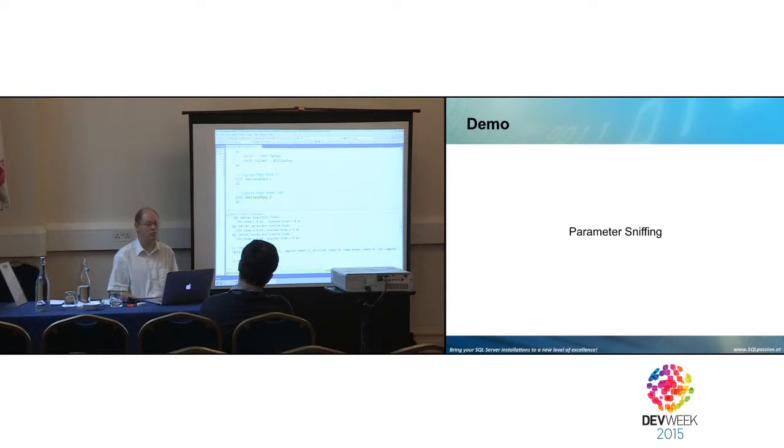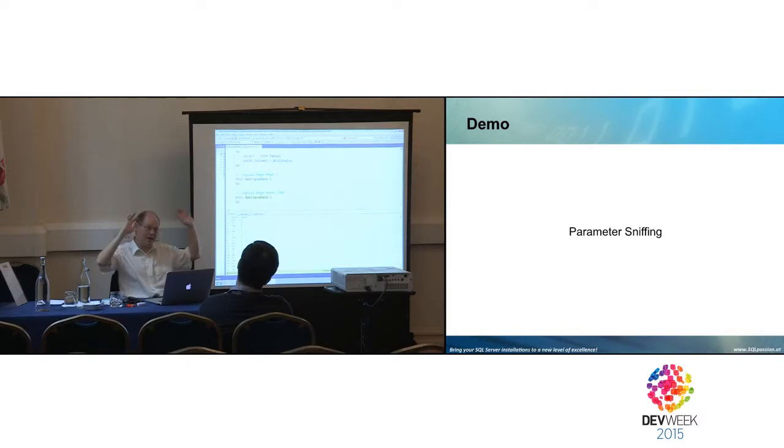What happens when we rerun that stored procedure? Now SQL Server sees that we have, with the name of that stored procedure, already a cached plan, and reuses that cached plan.